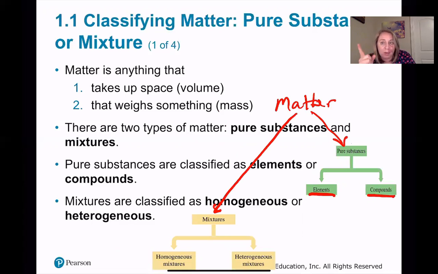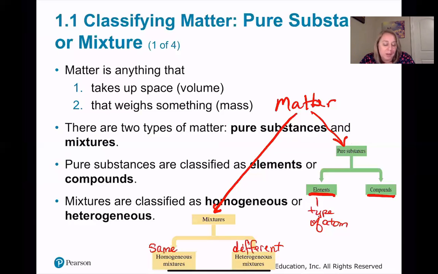Remember, an element is only one type of atom. If you are a mixture, you can be classified as homogeneous or heterogeneous. Remember, homogeneous means the same. Heterogeneous is different.